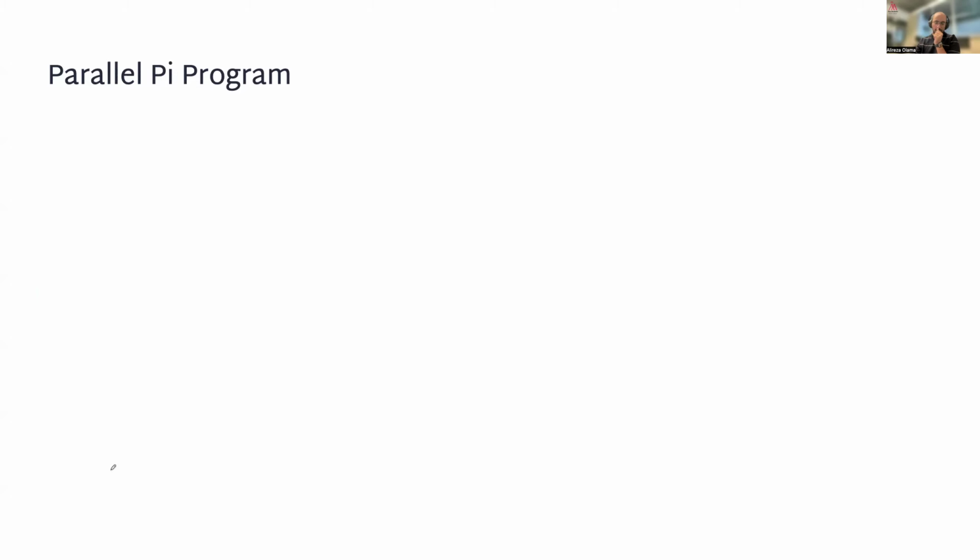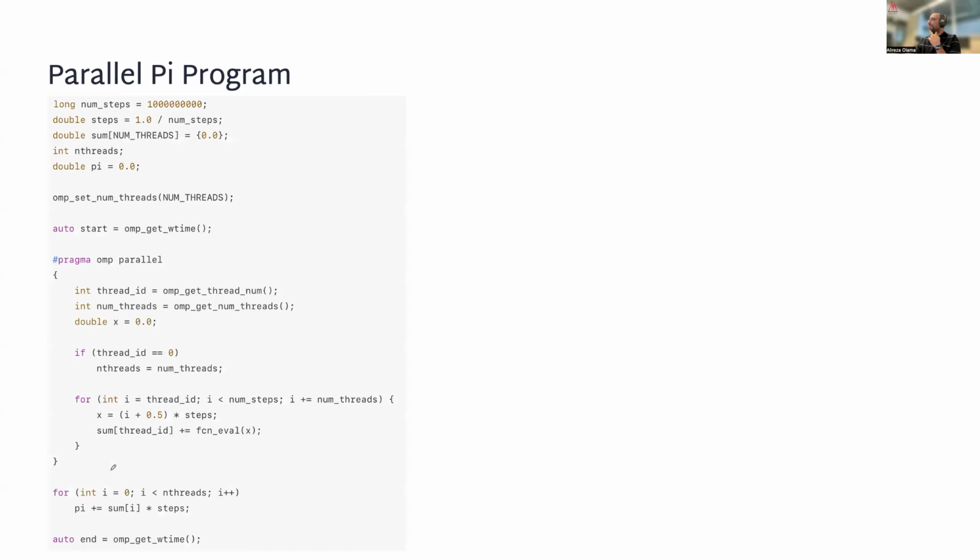So we do it with OpenMP, but in a manual way, and then we try to improve the implementation step by step. So this is the code for parallelizing this Pi program using OpenMP.